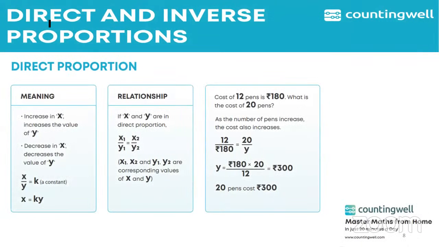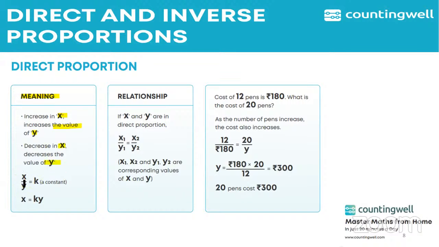Let us see some basics from the chapter direct and inverse proportions. So what is direct proportion? Whenever there is an increase in the variable x, there is an increase in the value of variable y, or whenever there is a decrease in the value of x, then there is a decrease in the value of y.